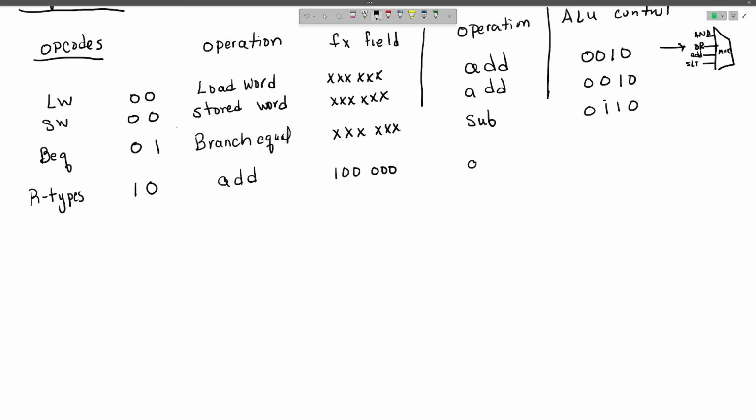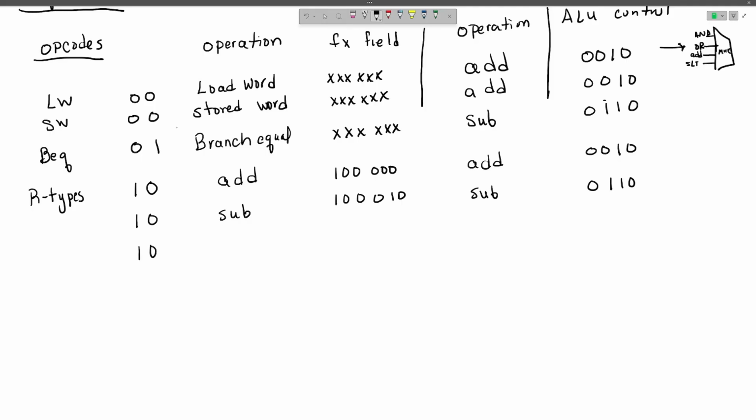And that's going to be an add. And you guessed it, yes, it's 0, 0, 1, 0. Then the other instruction, subtract. And that's going to be a 0, 1, 0, and that's going to be a subtraction.